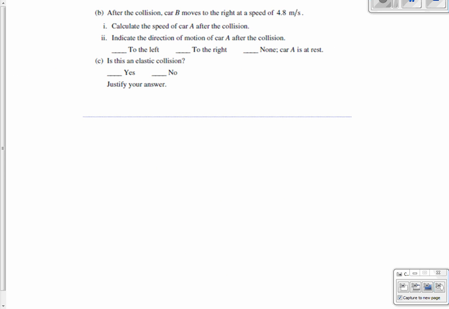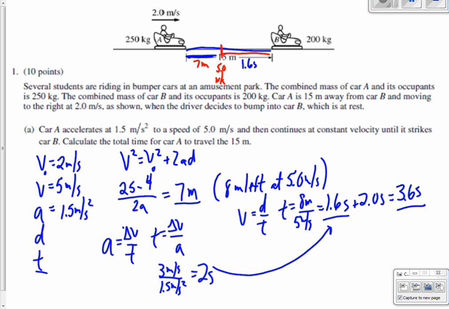So now let's read. It says this cart's moving at 2 meters per second. But remember, when this cart gets over to here, here's the bumper car A, now it's moving at 5 meters per second. So we can forget about its initial condition just before the collision. It's traveling at 5.